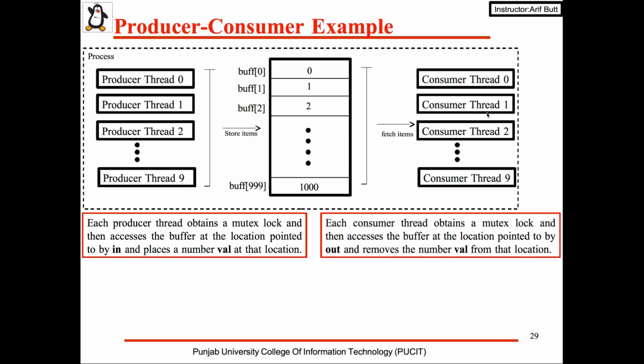We have just used a pthread_mutex_t type of variable for that purpose. Well, dear students, there may be a scenario in which a thread obtains a mutex lock and then discovers that it needs to wait for a condition to be true. Suppose we have a consumer thread and it wants to remove an item from an empty buffer.